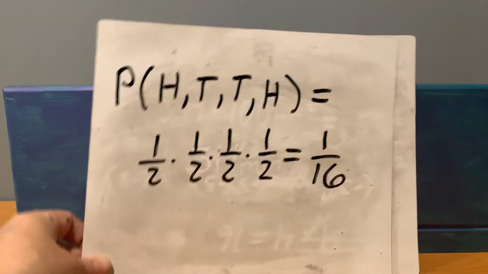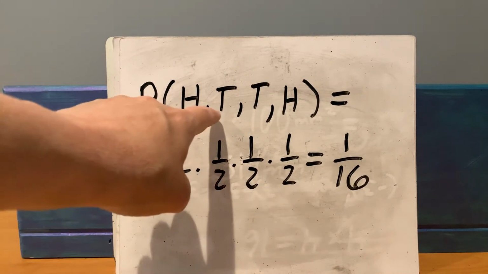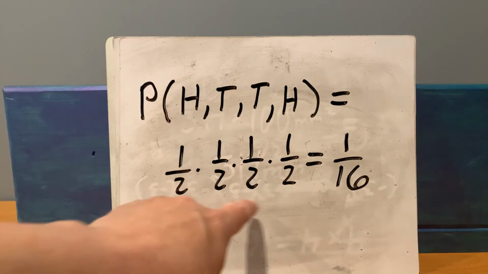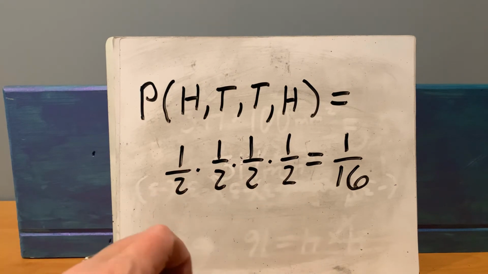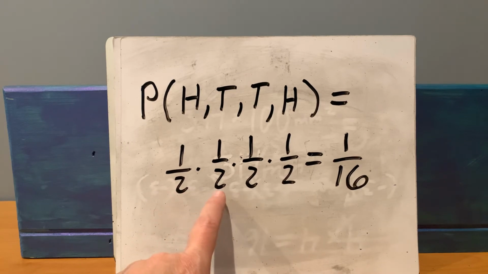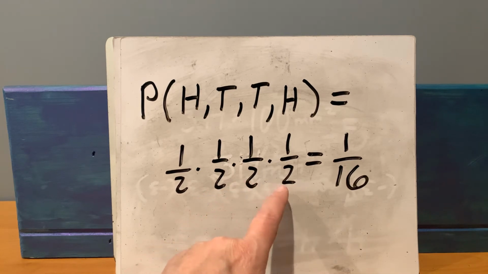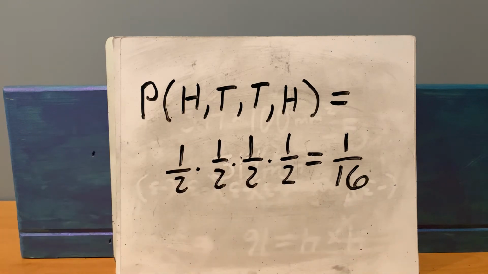Again, heads is 1/2, tails is 1/2. We multiply all those probabilities, and we get 1/2 times 1/2 is 1/4. 1/4 times 1/2 is 1/8. 1/8 times 1/2 is 1/16.